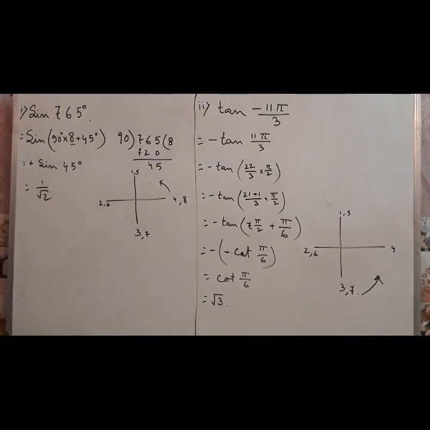That means the multiplier tells whether the trigonometric function remains the same or changes. After that you have to check the quadrant to give the sign, and after getting the quadrant you think about the given trigonometric function, and then the remainder. So sin 45 degrees is equal to 1 by root 2.